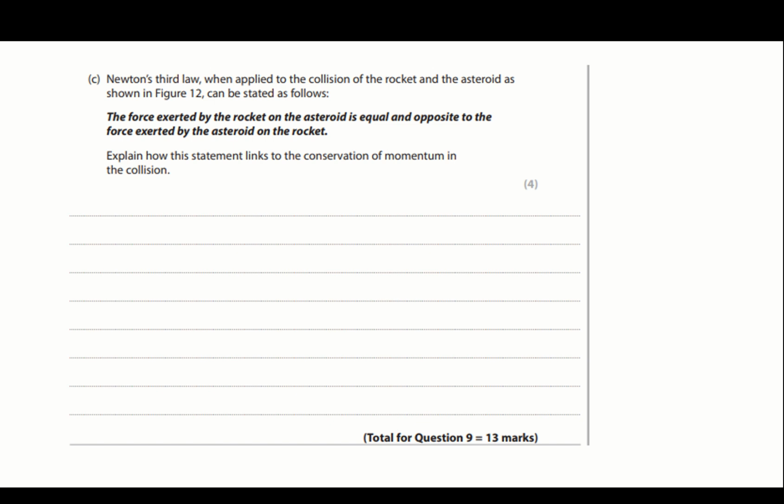Newton's third law, when applied to the collision of the rocket and the asteroid, is shown as below. So that's Newton's third law. Explain how this statement links to the conservation of momentum in the collision. So we're going to have to talk about Newton's second law as well. So my job now is to talk about, well, we know Newton's third law. My example of that was if I'm leaning on a wall, then my force on the wall is equal and opposite in direction to the force of the wall on me.